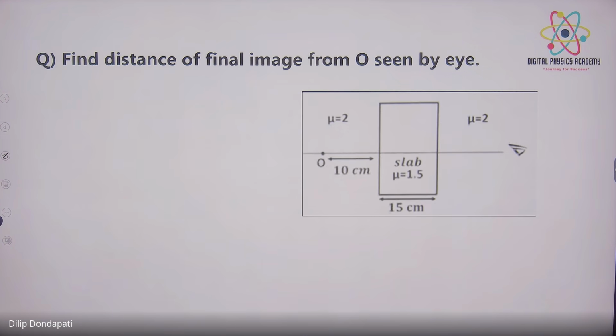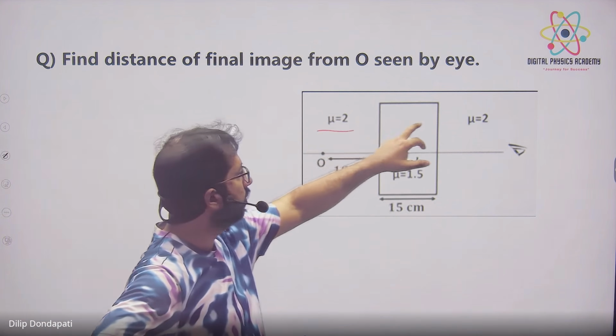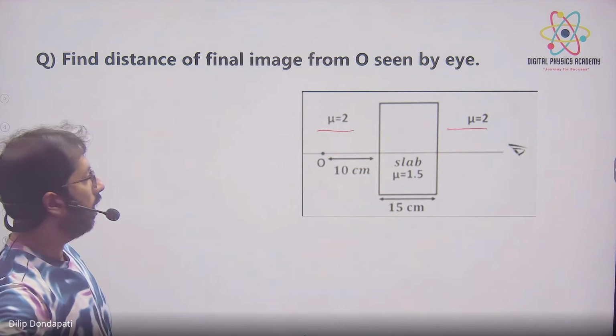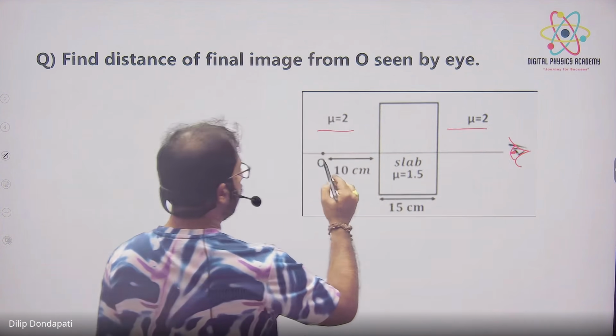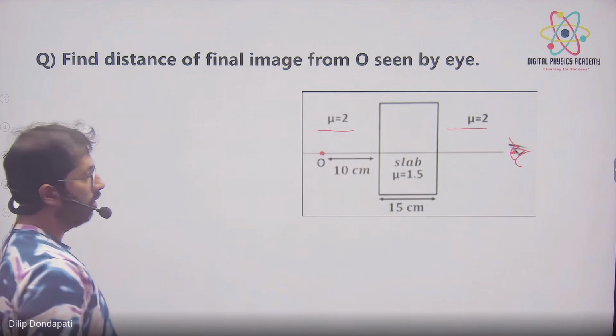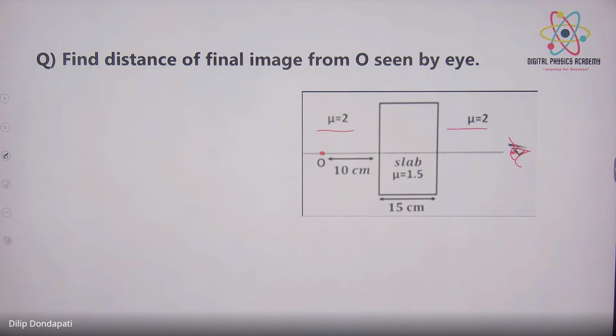Now do this. The surrounding medium is not air. I am seeing from here at this object. Find the final image of O as seen from the eye, which indirectly means the shift, and tell me left or right also.